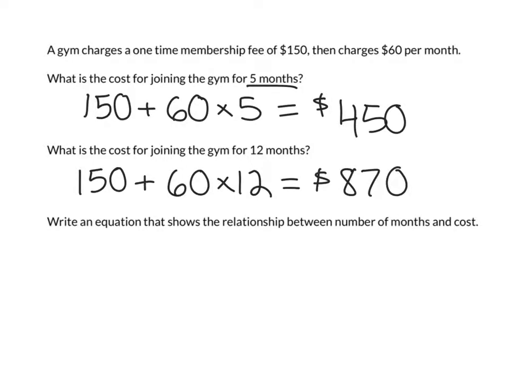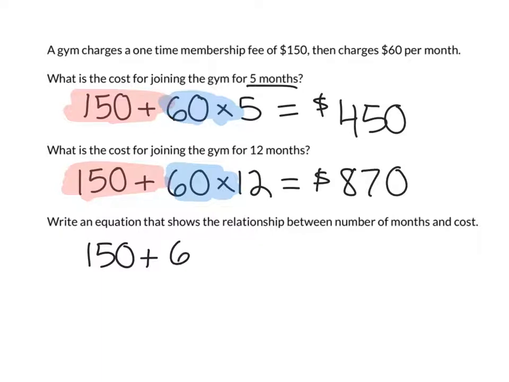Okay, so let's look at what we see in common with these equations. I'm always doing 150 plus. We can see that we are still doing 60 times in both cases because it's $60 per month.